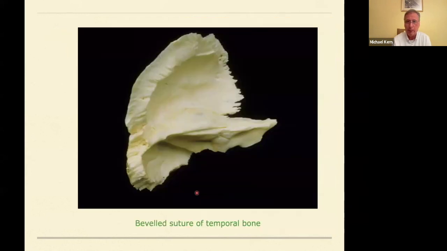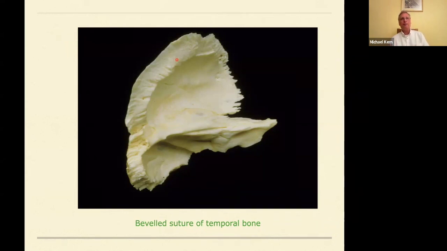In particular, he was looking at this suture and one or two others that have this kind of overlapping beveling design. And he had an insight. It was a kind of revelation. He described it later quite poetically.